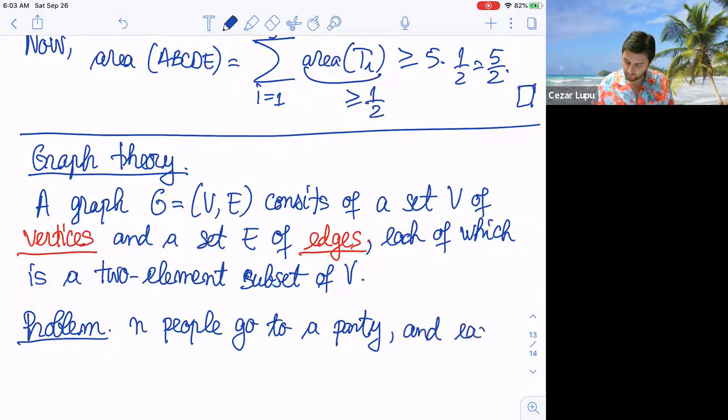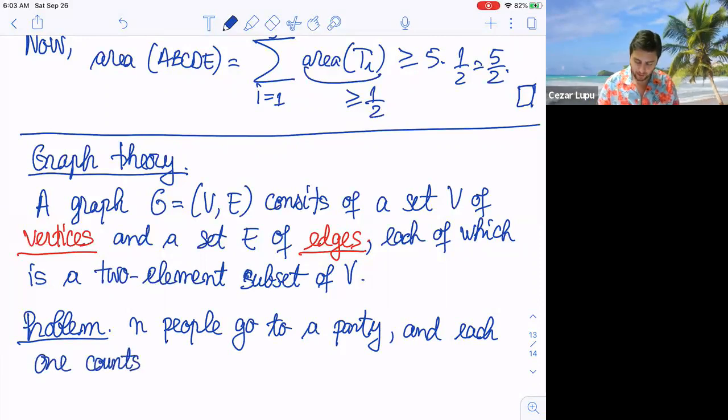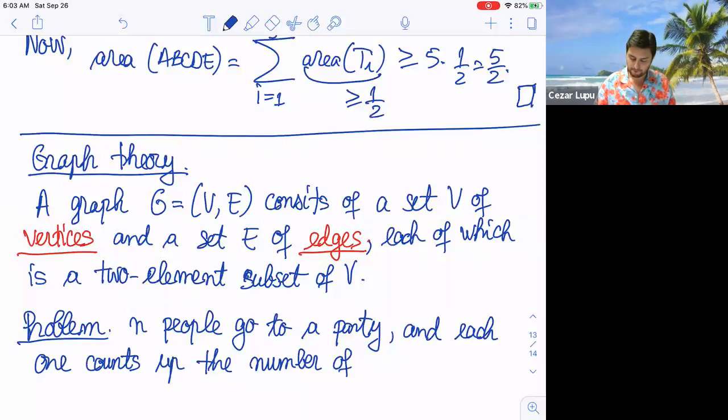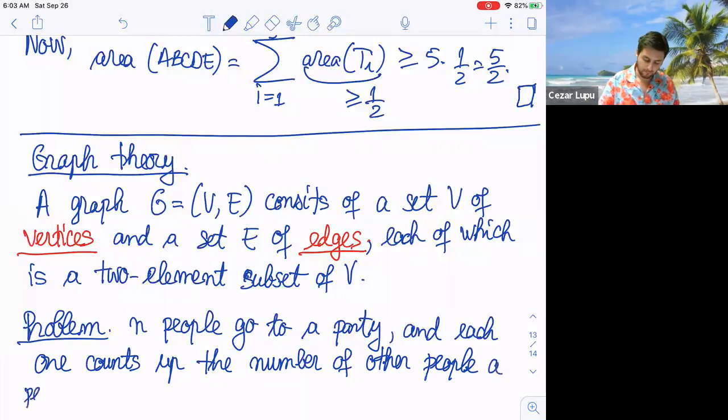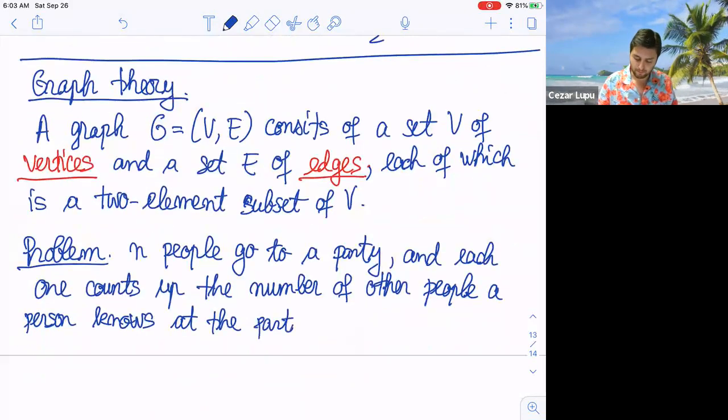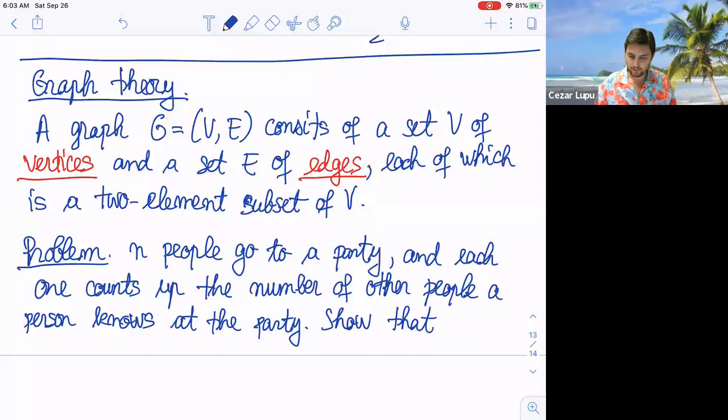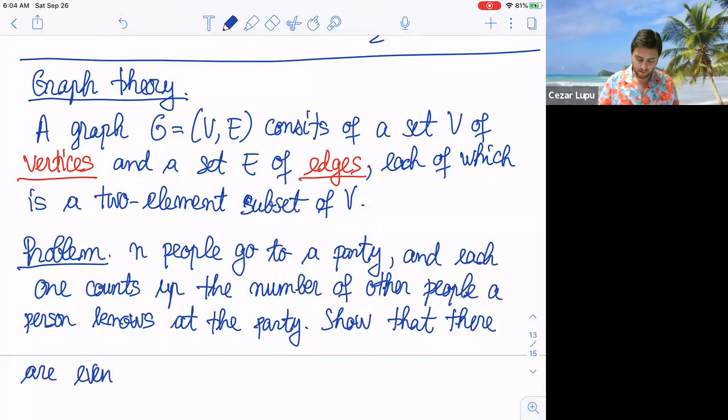And each one counts up the number of other people a person knows at the party.